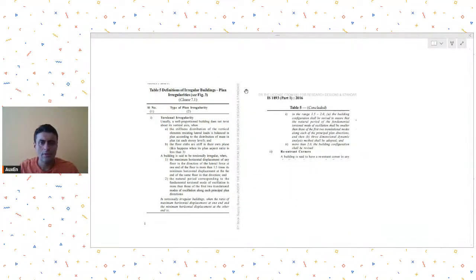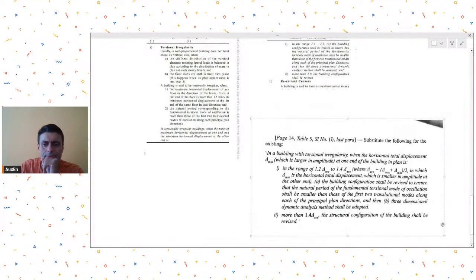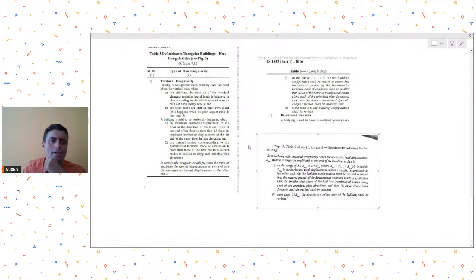And then this has been superseded by amendment 1 to 2002 1893 part 1. So this last para has to be replaced, this is the amendment clause that I'm showing you. So if you see torsion irregularity, are you able to see this on the screen? Hello, is this visible on the screen, please? Yeah.